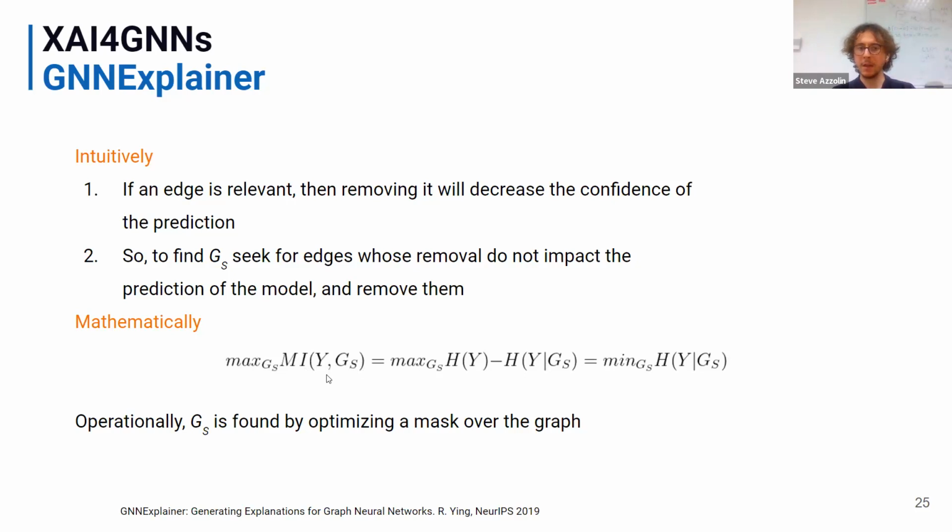If you do some simplification, you can actually get that this boils down to minimizing the conditional entropy of the explanation that you are interested in. And note that here you will typically also add some regularization terms in order to induce the sparsity of the explanation, so as to get as an explanation the fewest edges possible, which makes the explanation more human understandable.